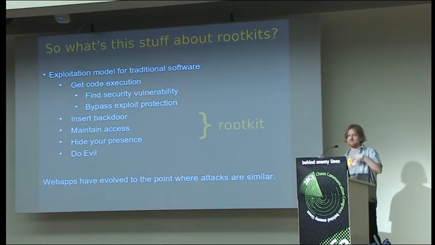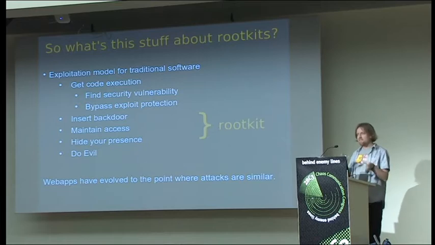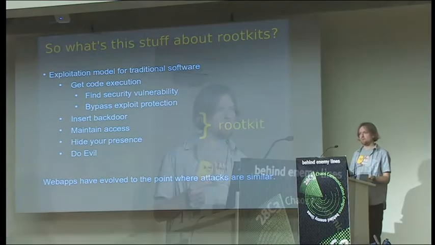So stuff like inserting a backdoor to maintain access to the machine for an attacker and hiding the presence of the attacker's processes on the machine. Let's call that rootkit functionality. And after you have a way to execute code and a way to hide your presence and maintain access, then you can do various kinds of evil things, and we've all seen malware and what it does.